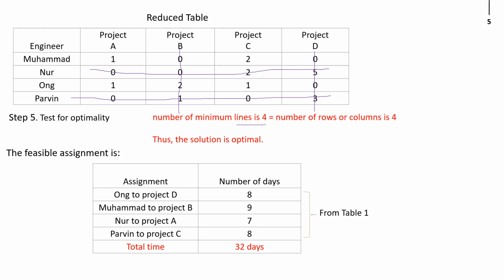This is the minimum one, which is 4, and it is equal to the number of rows or columns, which is also 4. Thus, I can conclude that the solution is optimal. Now we can start the project assignment, which is based on the zero values in the table.